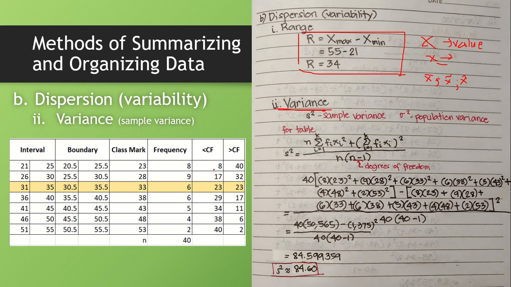So if we will be using the grouped data or the tabular form, then we will have to sum up all of the products of the frequency of that class interval with the square of the class mark.